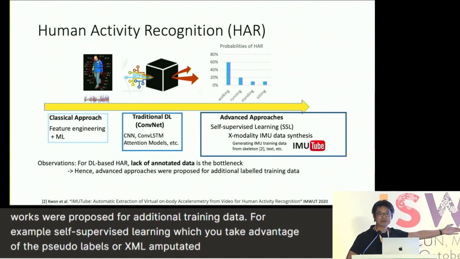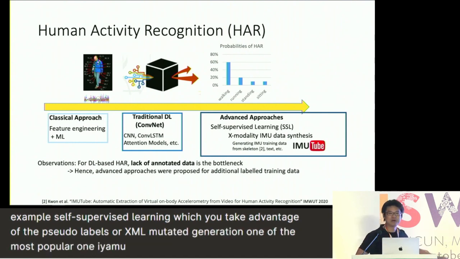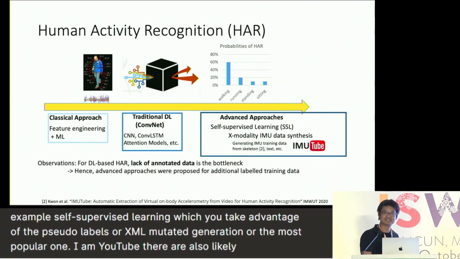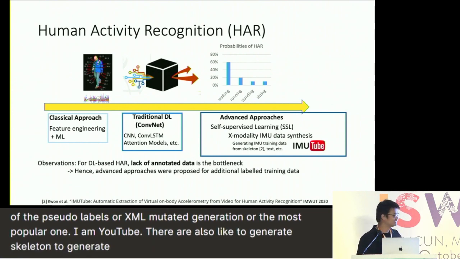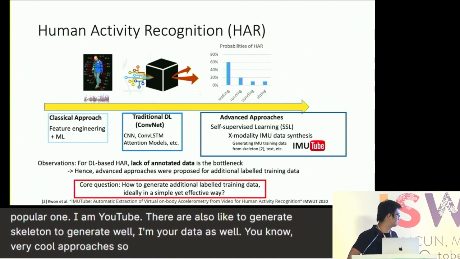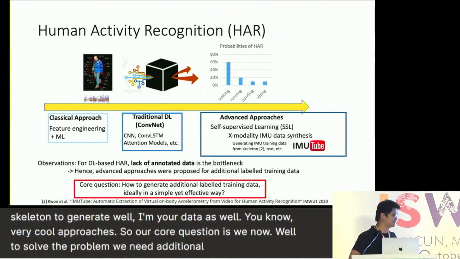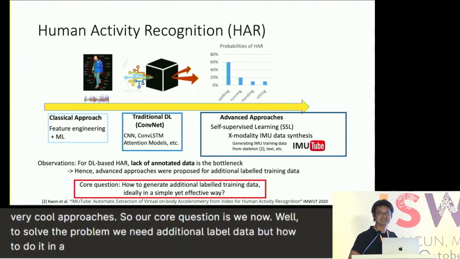One of the most popular ones is IMUTube. There are also works that use ChatGPT to generate skeletons to generate IMU data as well. Very cool approaches. So our core question is: to solve the problem, we need additional labeled data, but how do we do it in a simple yet effective, lightweight way?